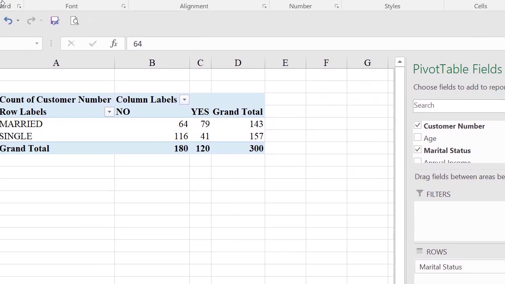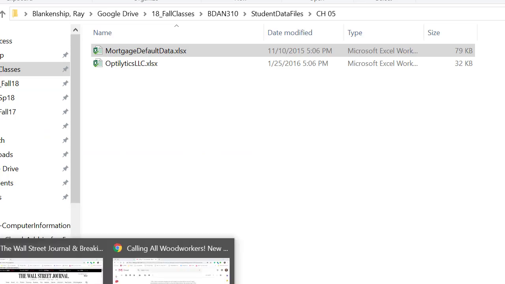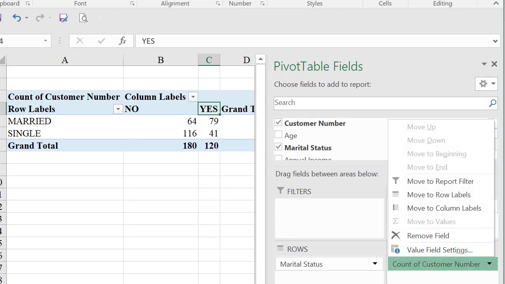You've got marital status here, default on mortgage at the top, and they just change those, and then the count of the customer number. That's this field right here.